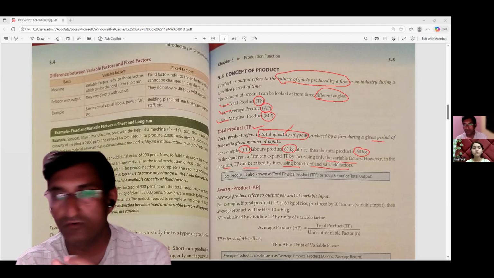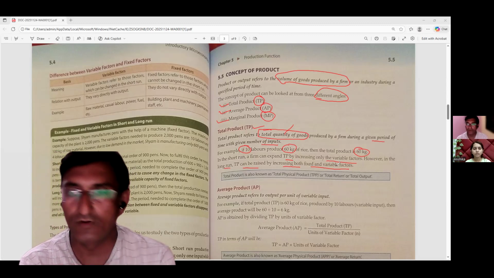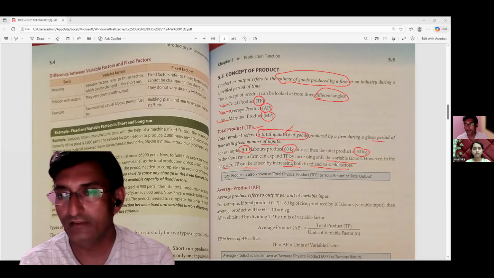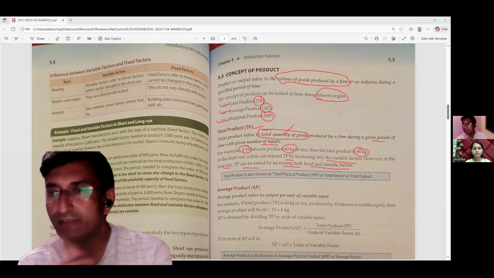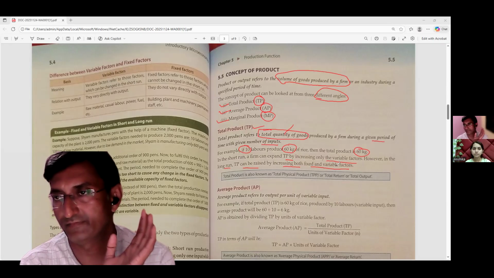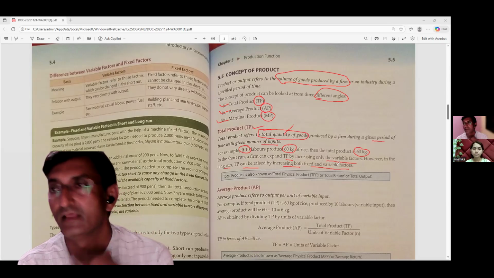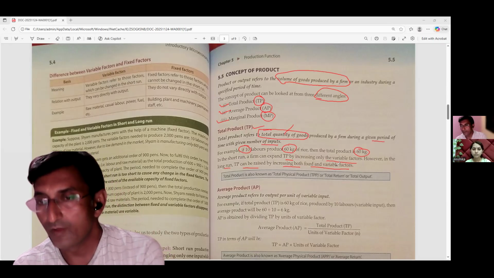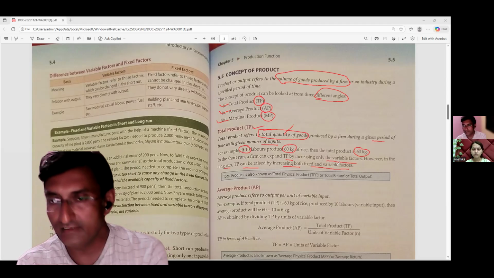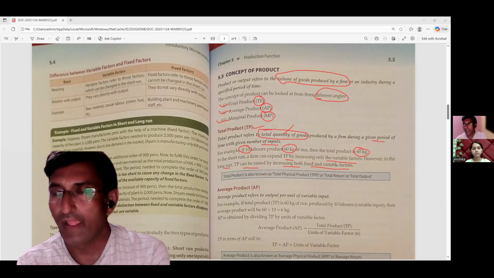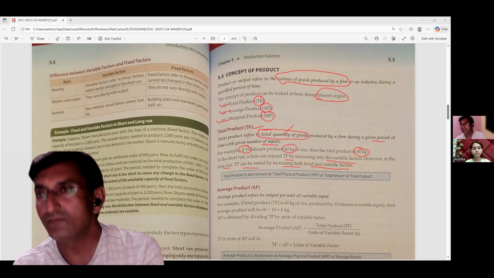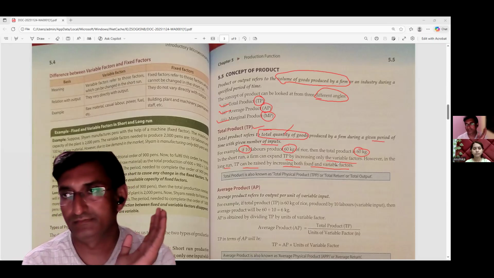But when we talk about the short run, the firm can expand their TP with the help of increasing variable factors only. So what are the variable factors? They can purchase more raw materials, and they can produce more quantity with the help of only 10 laborers.